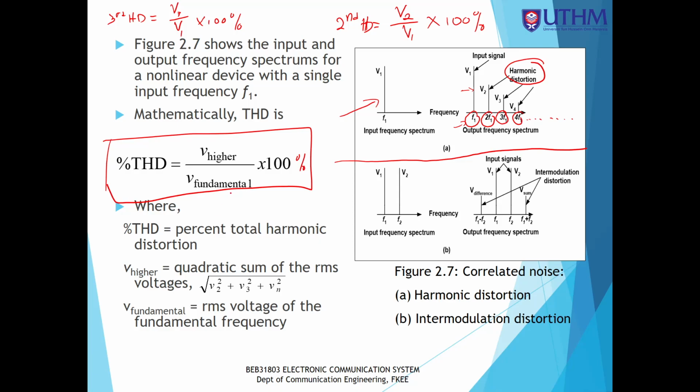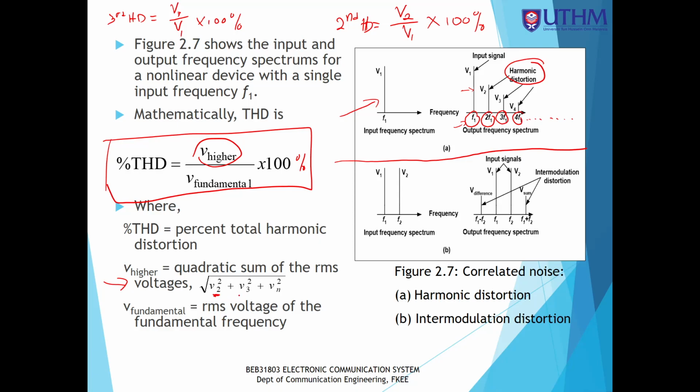First of all, you need to find V higher. V higher is the quadratic summation of the harmonics only. So first you need to find the quadratic summation starting from the second order. Don't include the fundamental. You need to include only the harmonics.